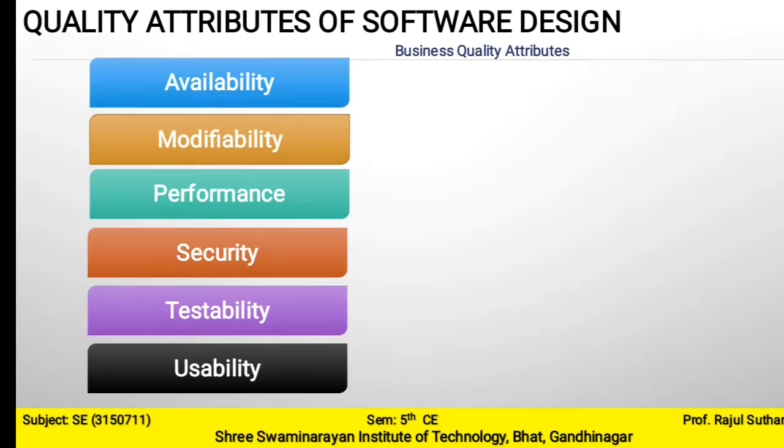And the last one is usability, meaning how easy it is to learn the features of the system, how efficiently the user can use the system, how well the system handles user errors, how well the system adapts to the user's needs, and to what degree the system gives the user confidence in the correctness of its actions. All of these things are covered in usability.